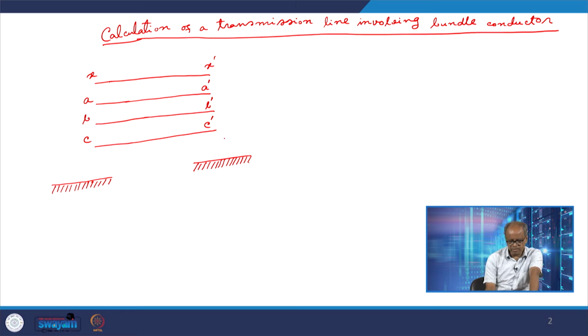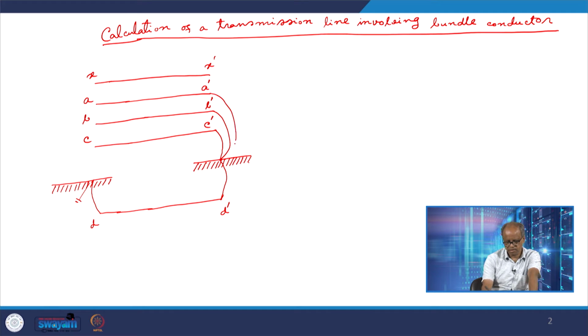We know that the effect of this ground can be represented by a fictitious conductor at some length, dd dash, and this is also connected to ground. This point is always grounded, and these are also connected.